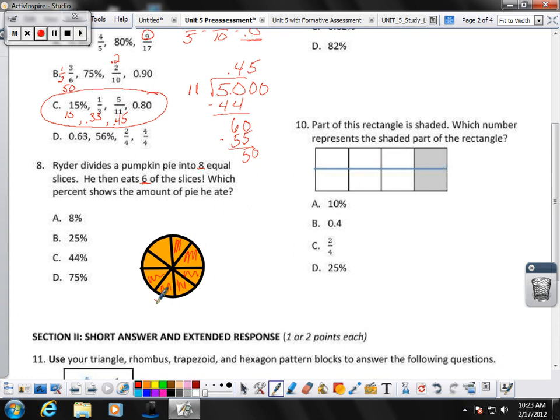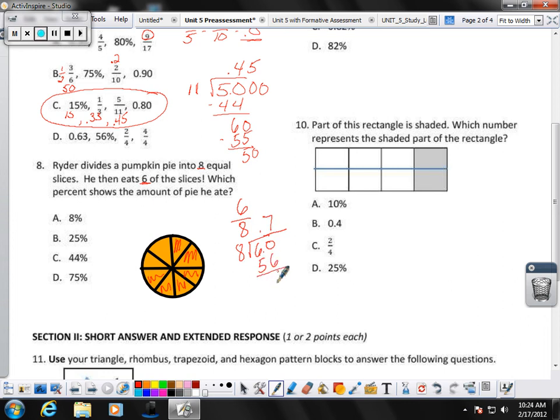Now there's a couple of ways I can do this. I can make it a fraction, 6 over 8, and then I can divide it. 6 divided by 8, decimal, add a 0. Okay, well, how many times does 8 go into 60? And that's going to be 7. 7 times 8 is 56.